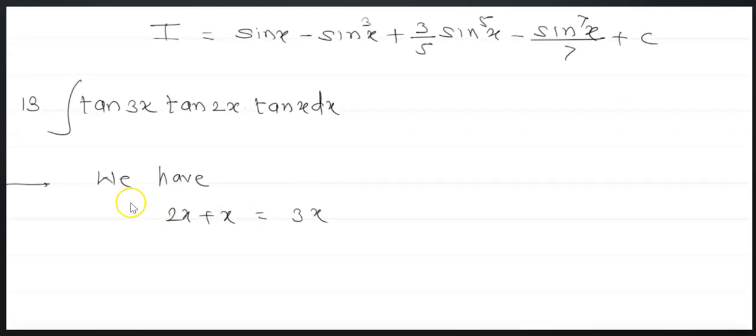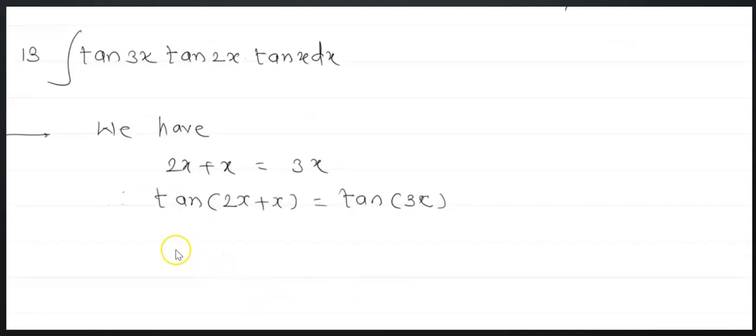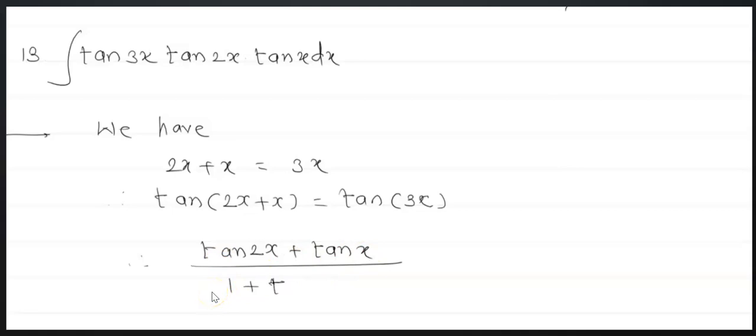Now see, this is the formula, that is 2x plus x is equal to 3x. Tan of 2x plus x is equal to tan of 3x. Therefore again this can be written as, what is the formula for tan of a plus b? That is tan a plus tan b upon 1 minus tan of a into tan b.